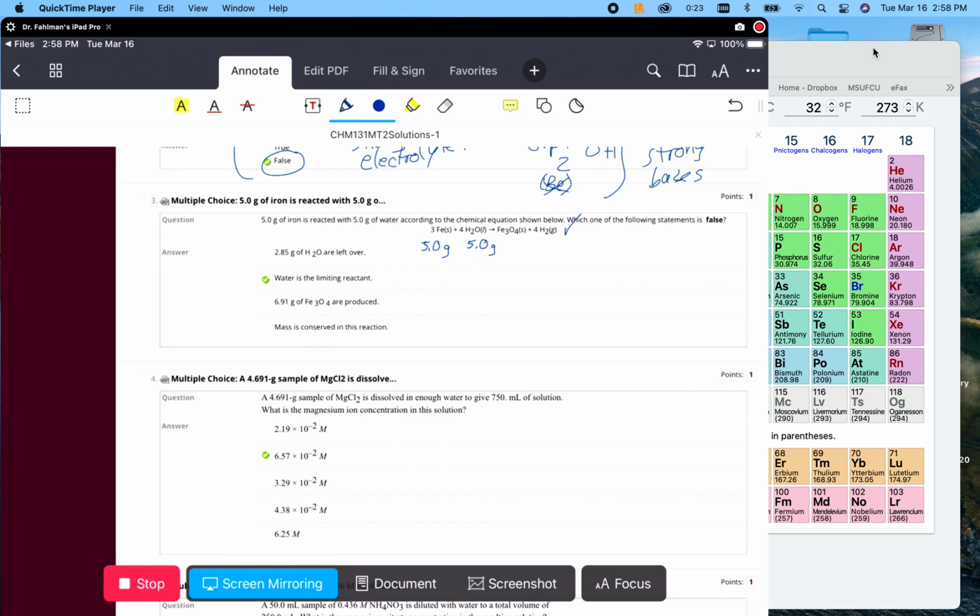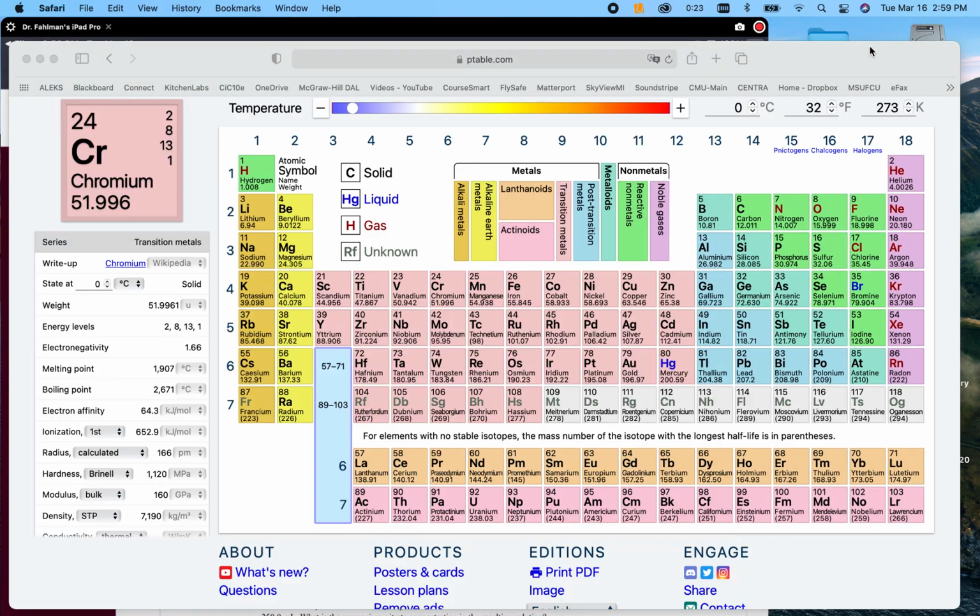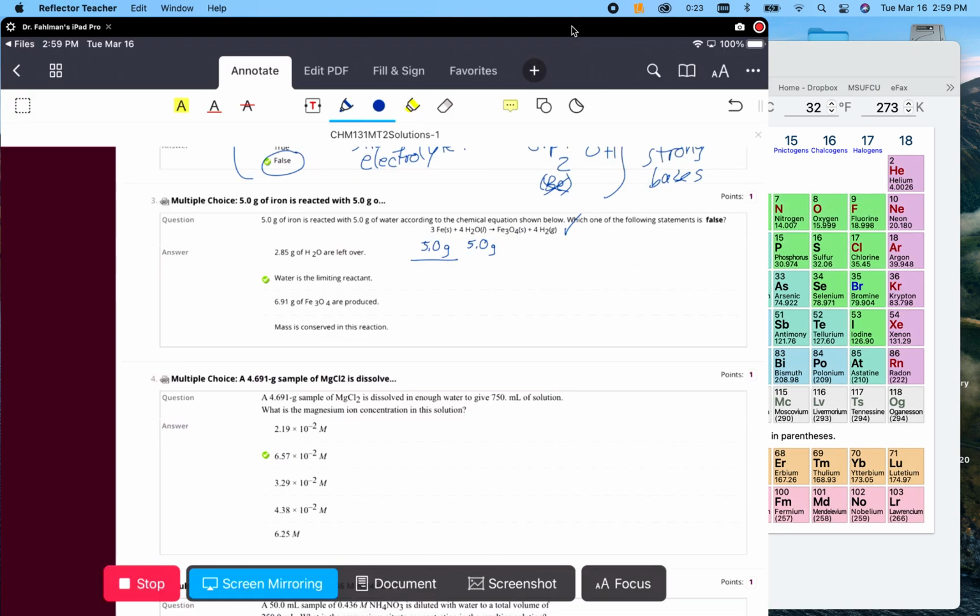Okay, and so if you have grams, you should calculate moles. And so let's divide by the atomic or molar masses here. So iron is 55.85. And water is 18 grams per mole.